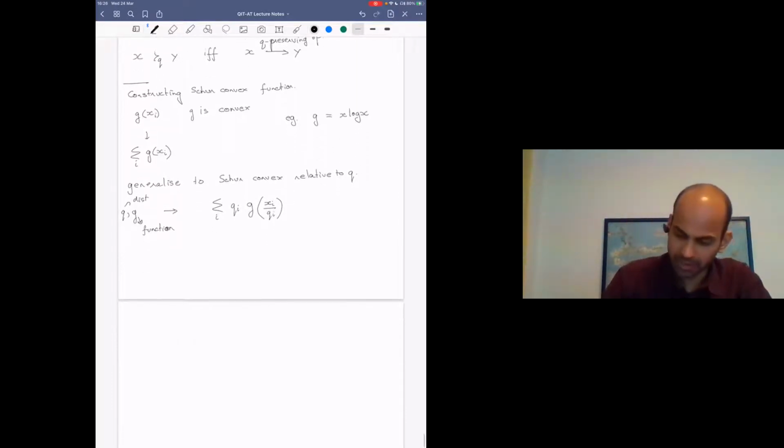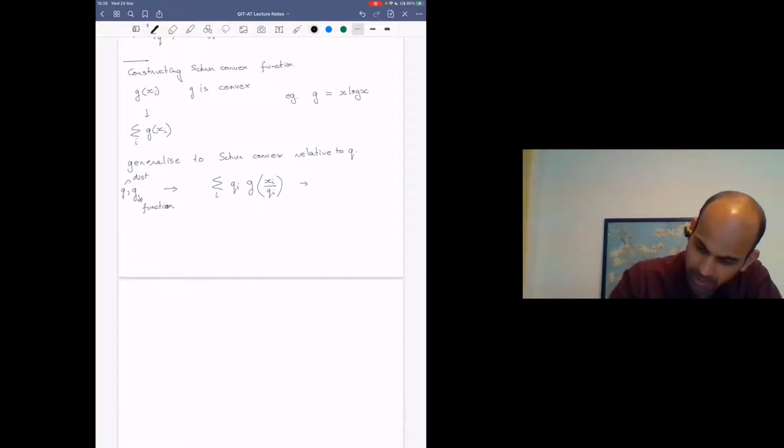So this is a new type of function, and this is guaranteed to be Schur-convex relative to Q. I define this as capital G_Q of the vector x, and it has the property that if x can be taken to y via a Q preserving operation, then that implies that G_Q of x must be greater or equal to G_Q of y.